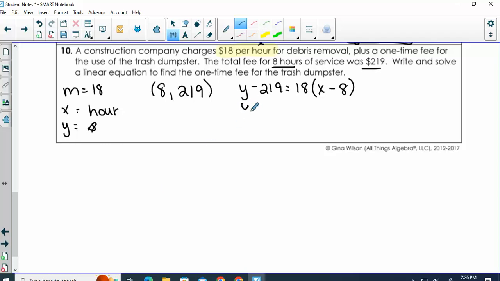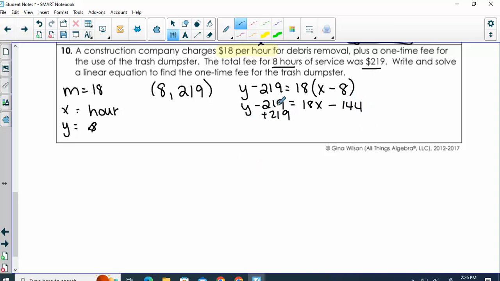So let's distribute 18, so we get 18x minus, sorry, minus 18 times 8, 144.